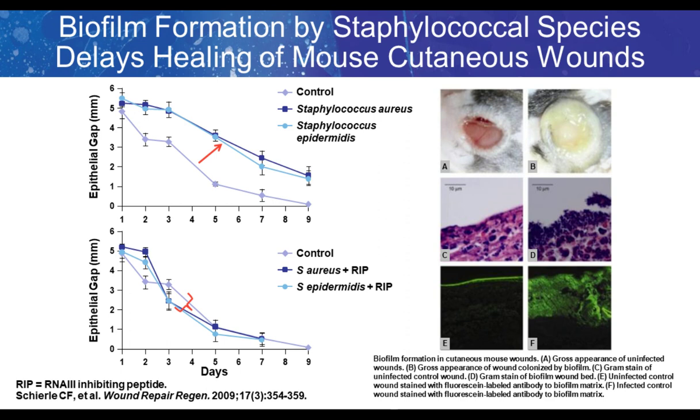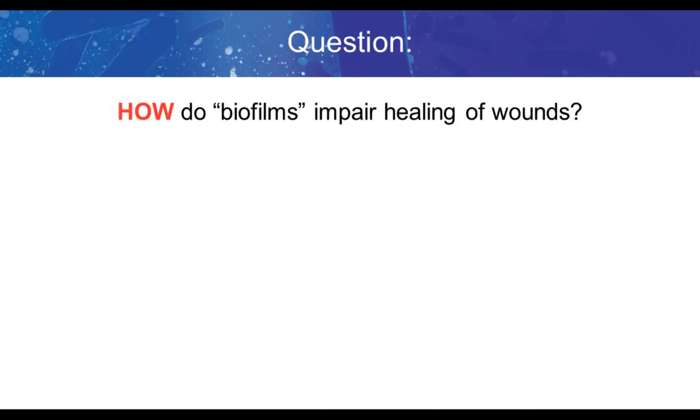So this RIP peptide is enormously specific just for blocking the quorum receptor. And when they prevented those planktonic bacteria only from forming a biofilm, now there is no delay in wound healing because the mouse's robust immune system can deal with the planktonic bacteria and prevent them from forming the biofilm that persists and causes inflammation.